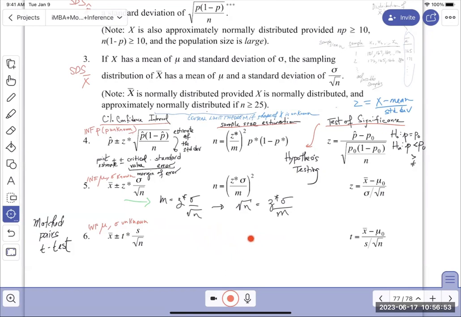Notice I don't have anything here in sample size estimation. We'll talk about that. And here again, all I do is substitute S for sigma, and I use T instead of Z because I had to substitute S for sigma. So it's the same formulas, but sigma unknown.